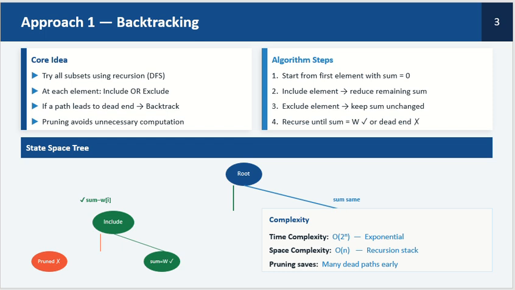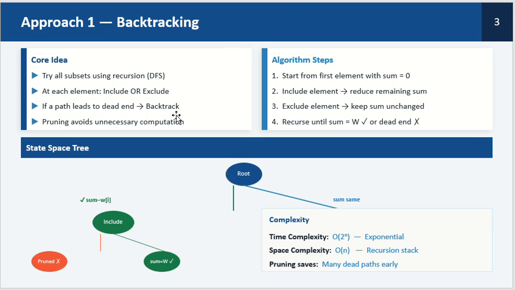If a path doesn't work, then we go back, and that is known as backtracking. We can skip useless paths using the pruning method. The time complexity we achieve here is big O of 2 raised to n, and big O of n is the space complexity, due to the recursion.